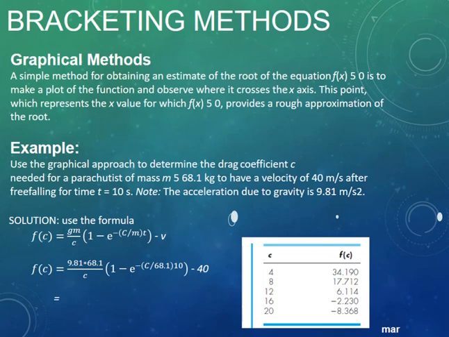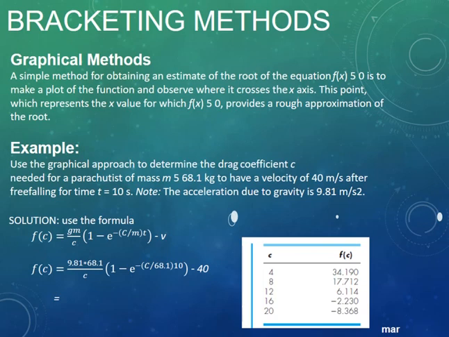So one example is below. Use the graphical approach to determine the drag coefficient needed for a parachutist of mass m equal to 68.1 kilograms to have a velocity of 40 meters per second after free-falling for time t equal to 10 seconds.